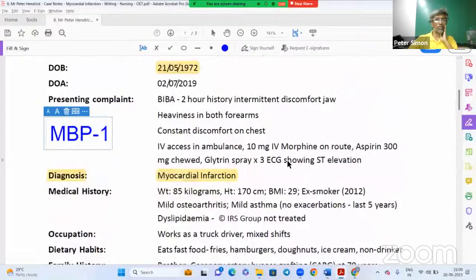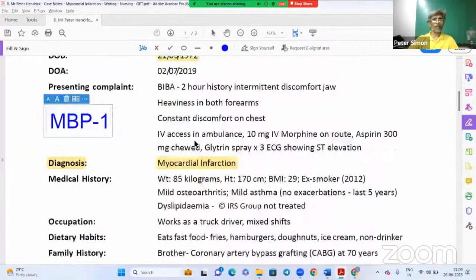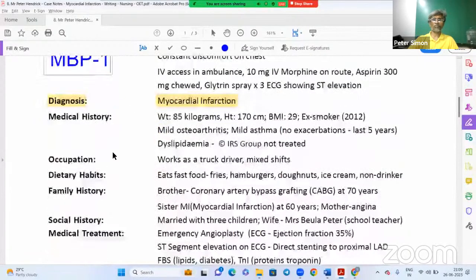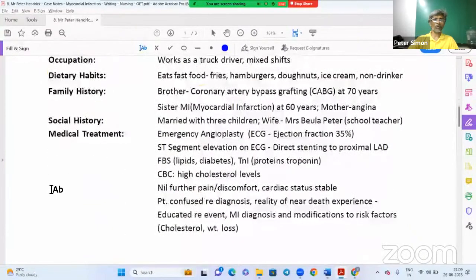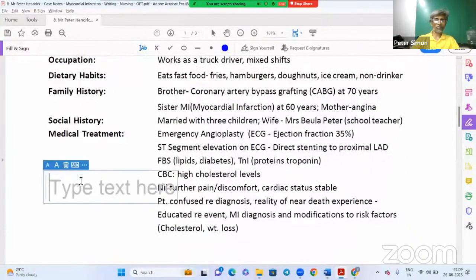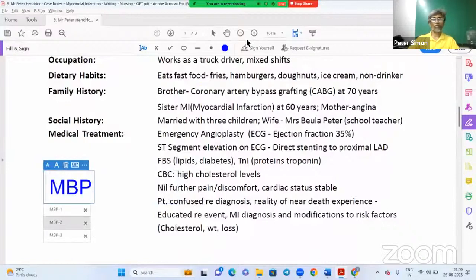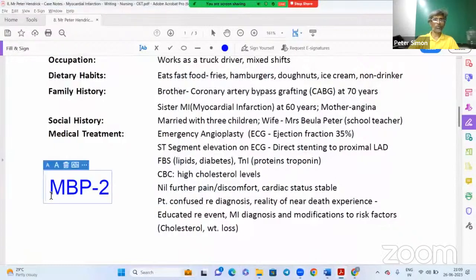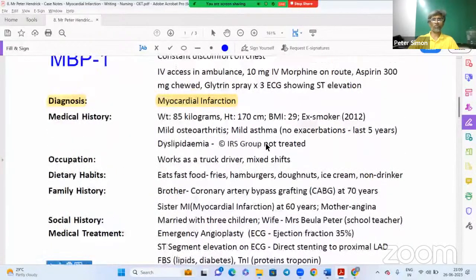Along with this, you can discuss the histories. Then medical treatment, this is during hospitalization. This is main body paragraph 2. So this is how you can go through these points.